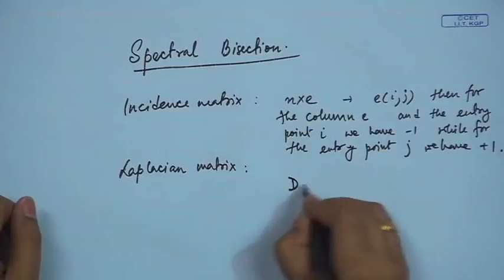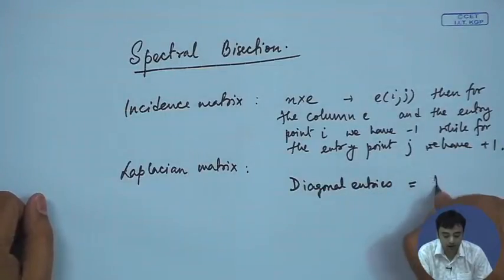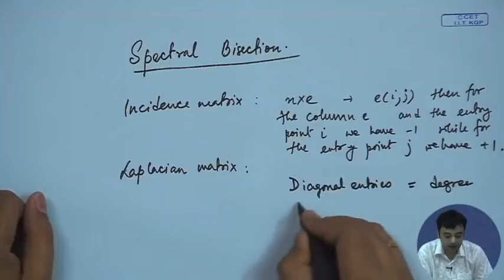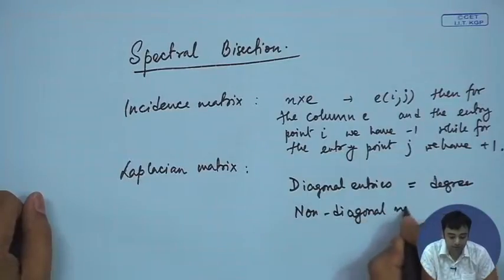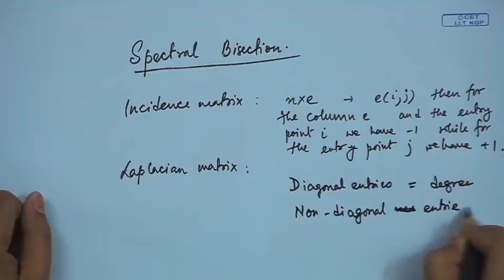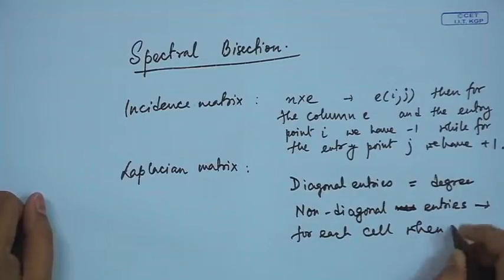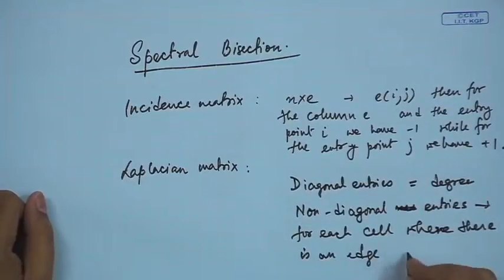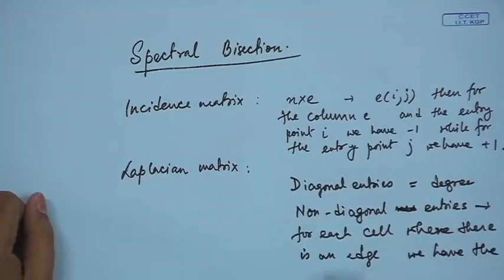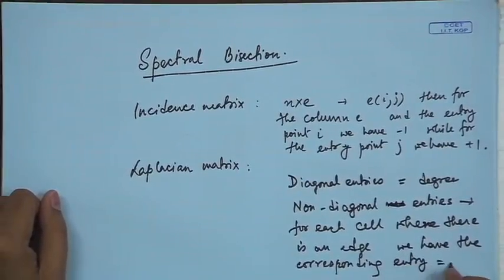We also looked into the definition of the Laplacian matrix, where the diagonal entries are the degrees, whereas the non-diagonal entries, for each cell where there is an edge, have the corresponding entry equal to -1.